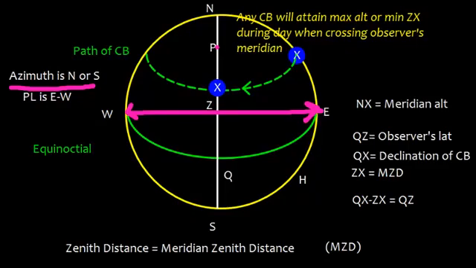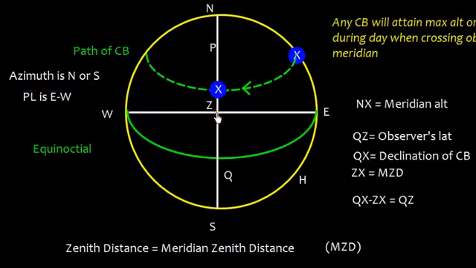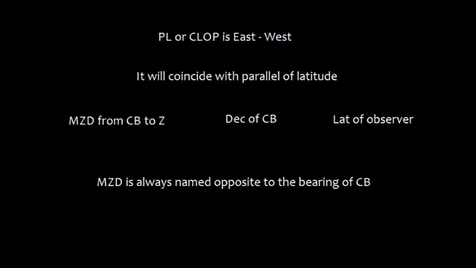We should also note one thing, that this one is the latitude of the observer, this one is the zenith distance, and this side is the declination. So we can easily obtain latitude if we know the declination and the zenith distance. The position line or celestial line of position is the east-west line, and it coincides with the parallel of latitude.